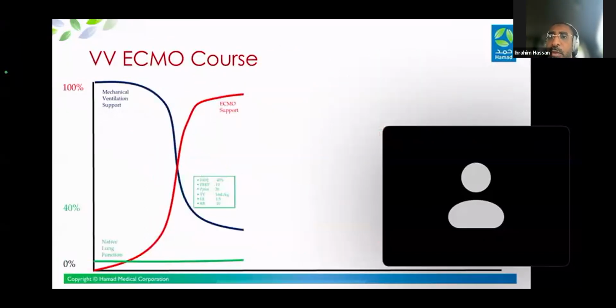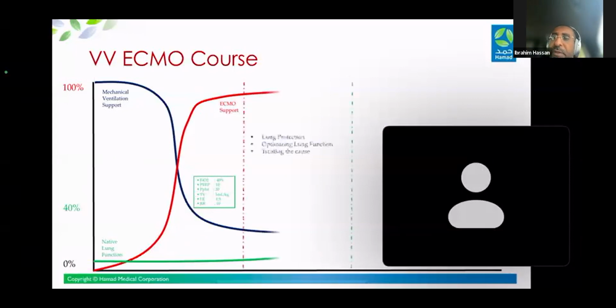So usually in this course, you can see in the Y and X axis is the support. Before ECMO, they are 100% mechanical ventilation support, and their native lung function is close to 0. Once you add ECMO on, you drop the mechanical ventilation support significantly, and you wait. So you treat the lung at this time, and it varies from patient to patient.